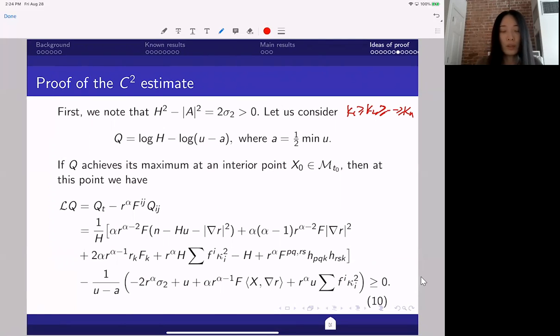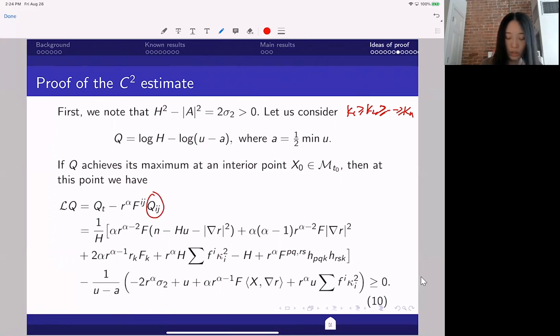Then at this point, we have LQ, which is Q_t minus R to the alpha times F^{ij} Q_{ij}, greater than or equal to 0.